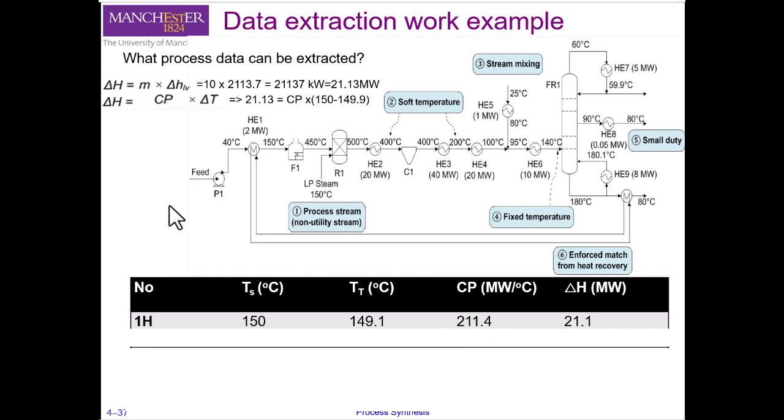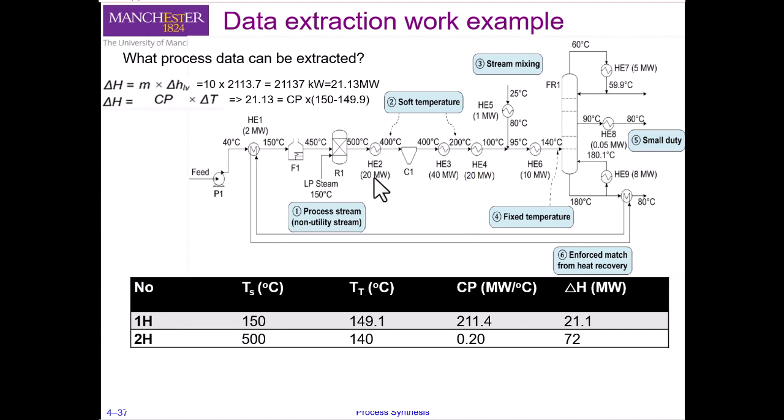Then for the second stream, we can look around this section here, where we can use the guideline of soft temperatures. Here we can take the stream going from 500 degrees centigrade to a final target temperature of 140 degrees centigrade. We don't really need to include these intermediate heat exchangers. So we use 500 going to 140, and to calculate the delta H and Cp, we can do an energy balance around this exchanger, for example.